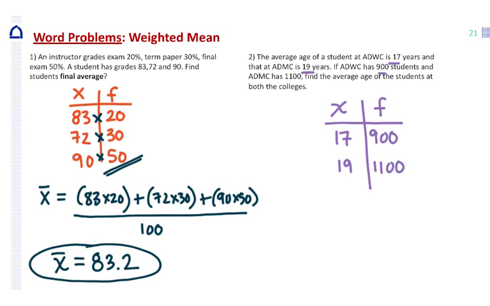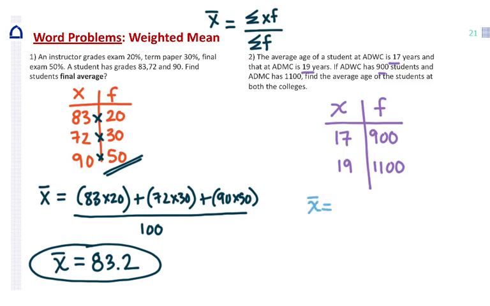Now, again, you could use your calculator to calculate this, or you could use the weighted mean formula. I forgot to write that. Let me go ahead and write that. You do the sum of x times the frequency divided by the sum of the frequency, which is the total number of items. So let's go ahead and we can do it the long way.